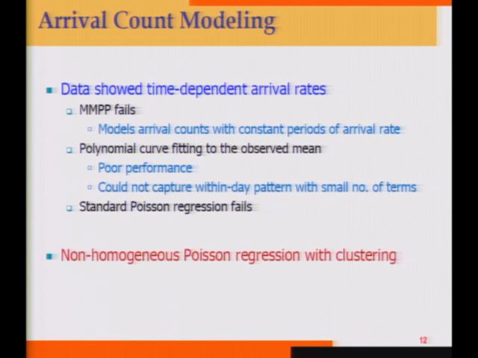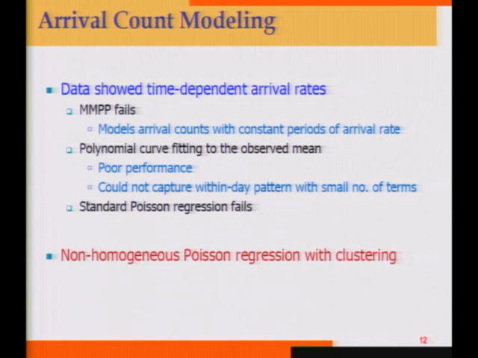So I'll now jump into the modeling part of it. First, the arrival count modeling. We see that the data had a lot of time-dependent arrival rates. And we tried a few different modeling frameworks. One was the MMPP, the Markov modulated Poisson process.